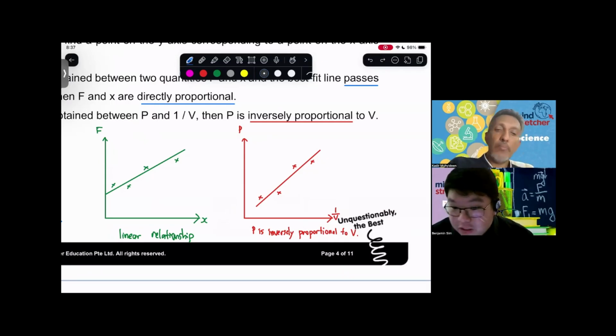Does that make sense? So p is proportional to 1 over v, therefore we say that p is inversely proportional to v.